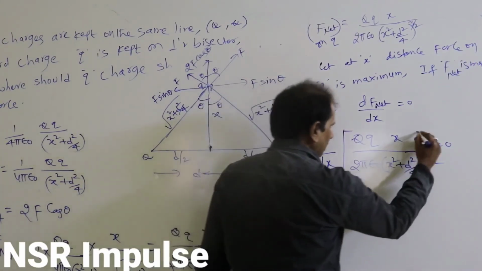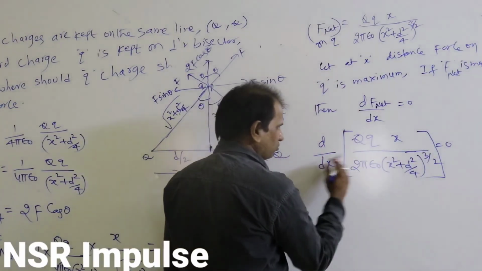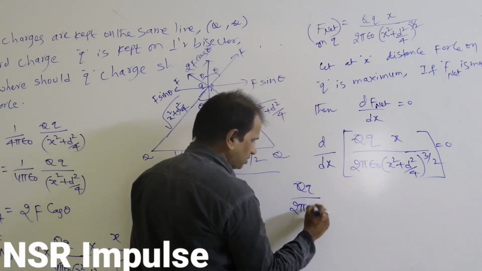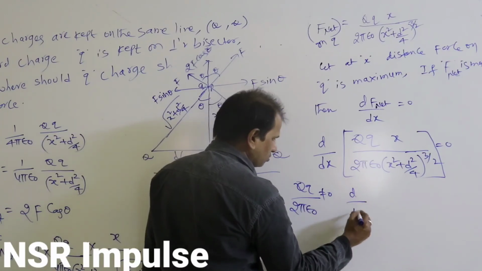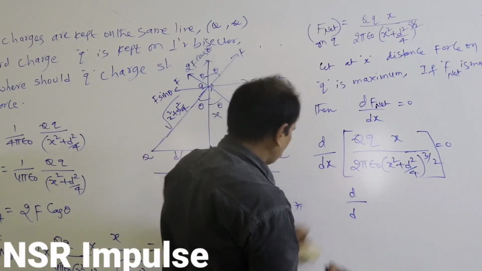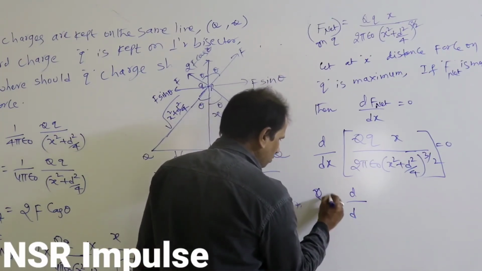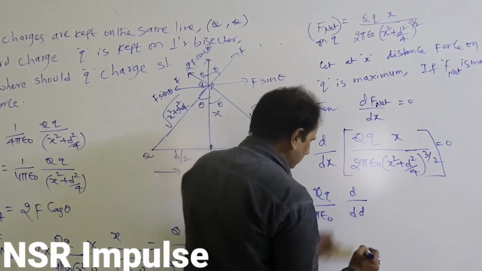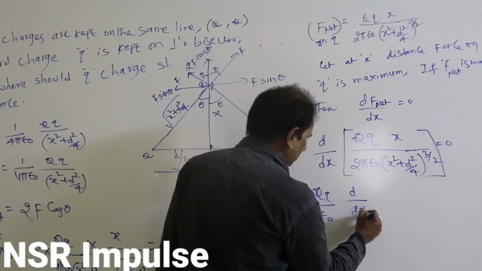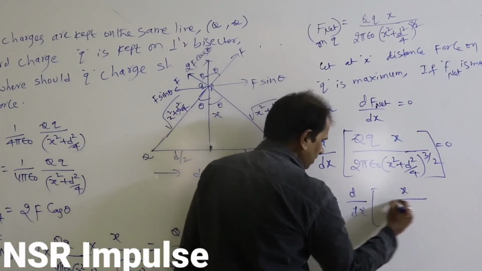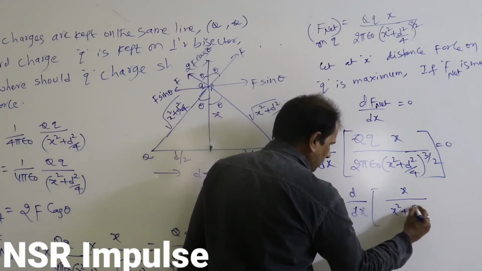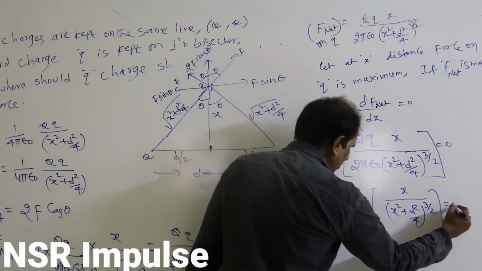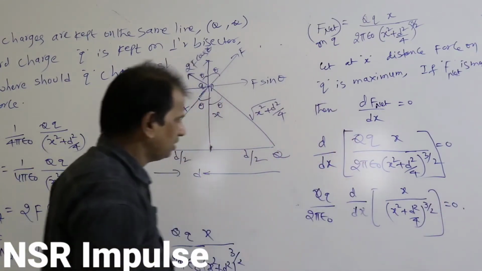So keep this one in the bracket. Take this one outside. This is constant. QQ by 2 pi epsilon naught cannot be 0. So you can take simply QQ by 2 pi epsilon naught times d by dx of x by (x square plus d square by 4) whole power 3 by 2, which is equal to 0.